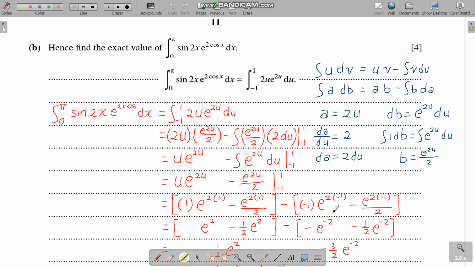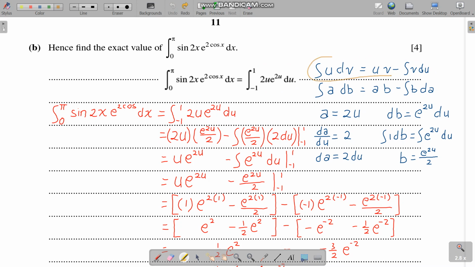Now part 2, hence find the exact value of. So previously in part 1 we know that we can use this substitution. So now we have to integrate this guy here, and we've got to use integration by parts. So this is the MF19 formula.